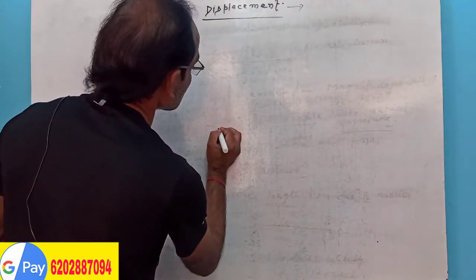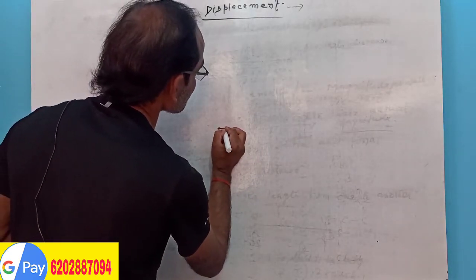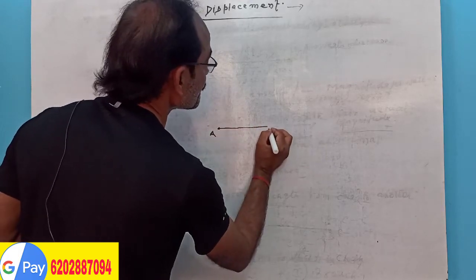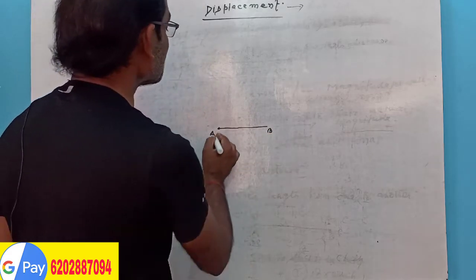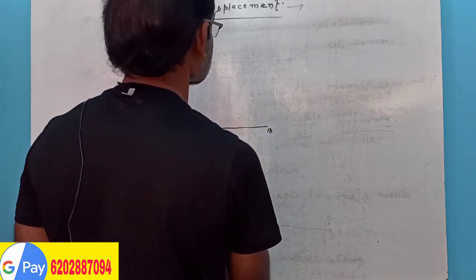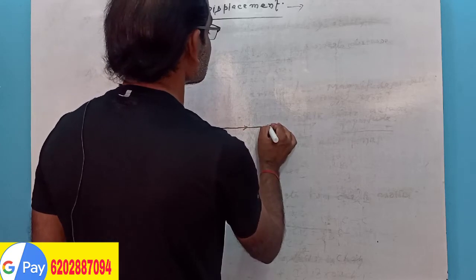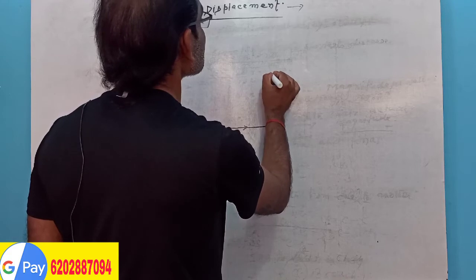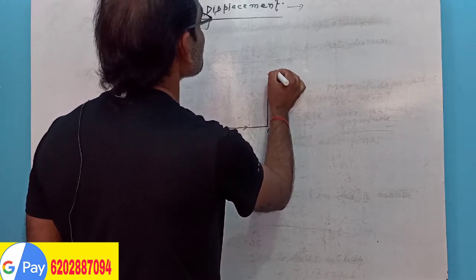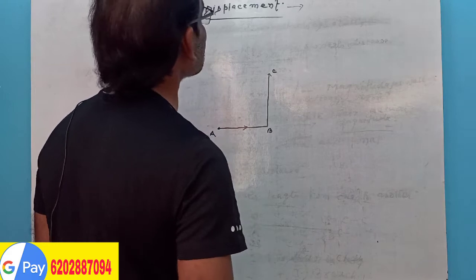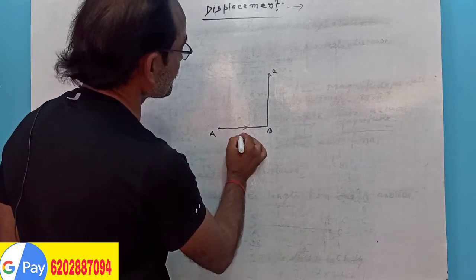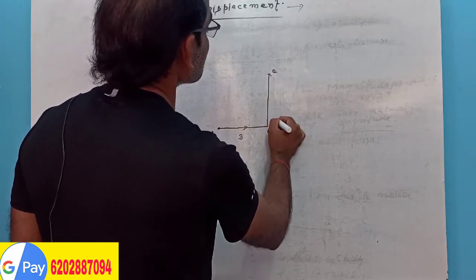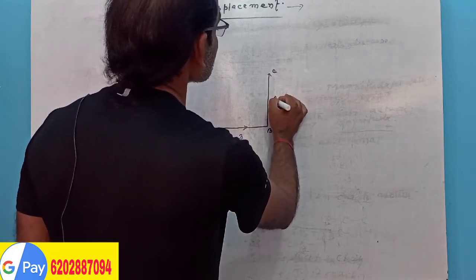Suppose an object moves from A to B, west to east, and then turns north and reaches the point C. If AB is 3 cm and BC, that is the north direction, is 4 cm.